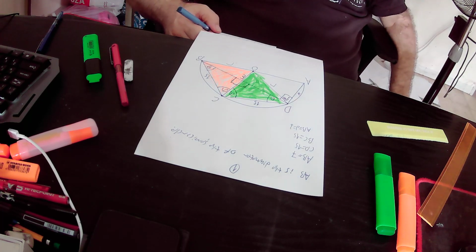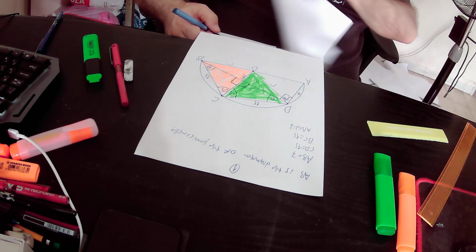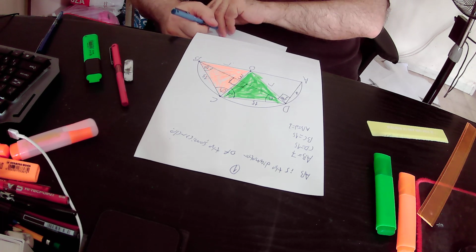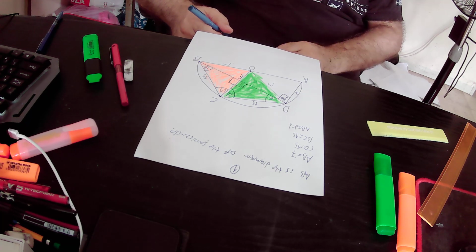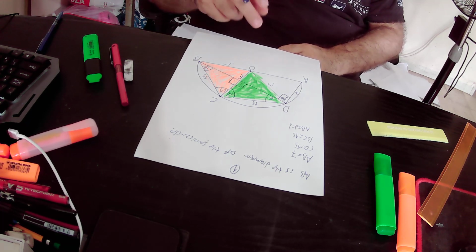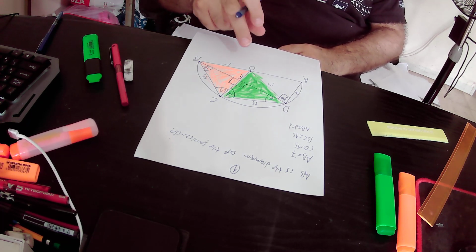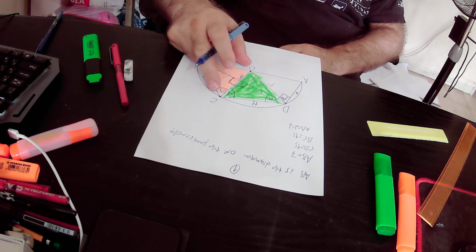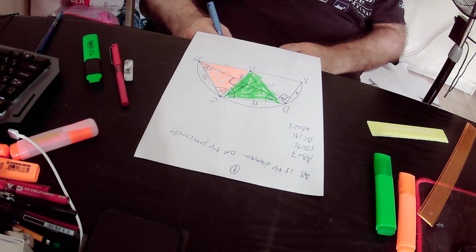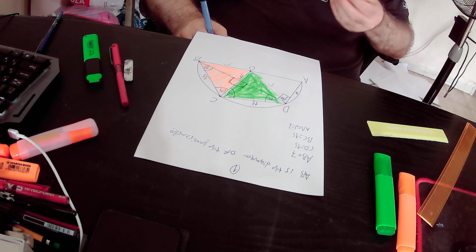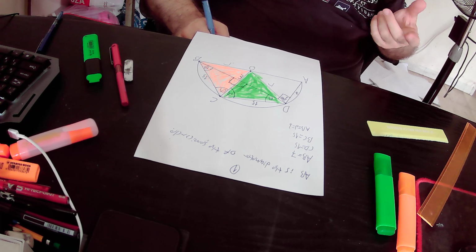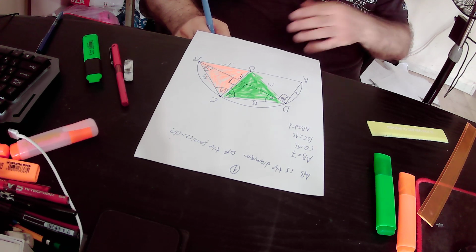Okay, and in the second construction we connected points O and C by a straight line. So OC is a straight line, because it is our construction.